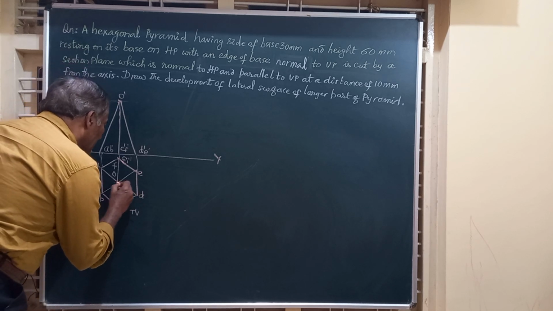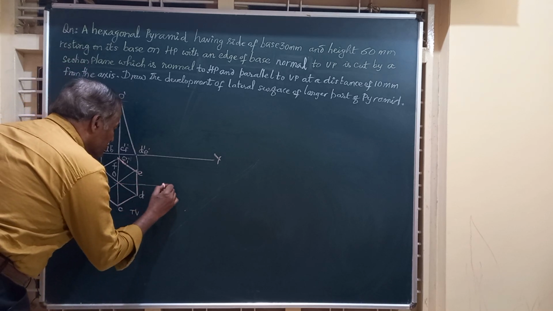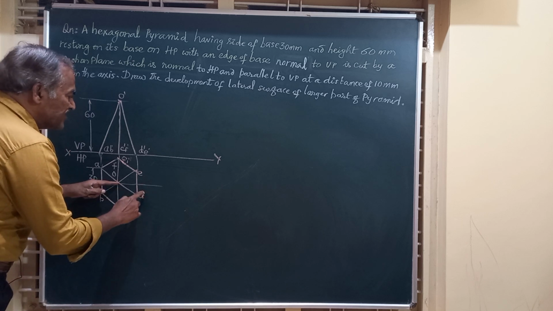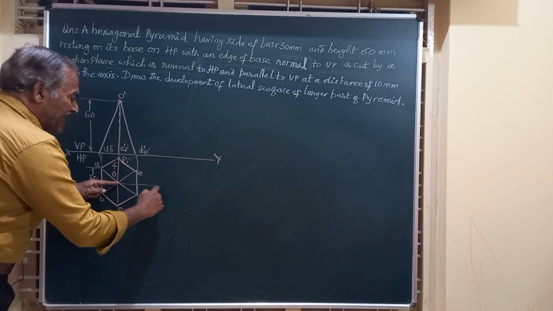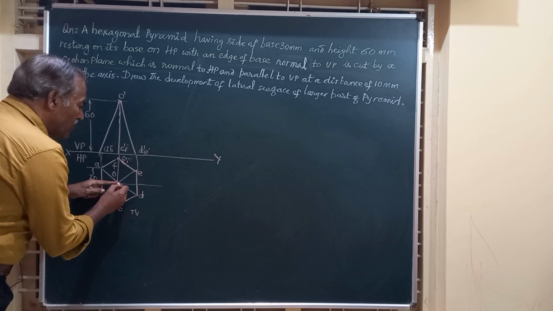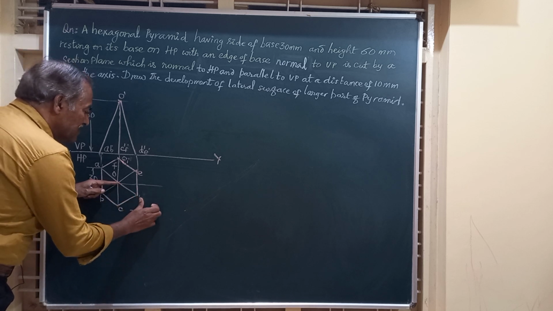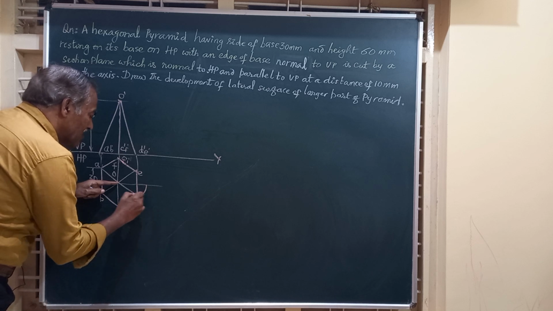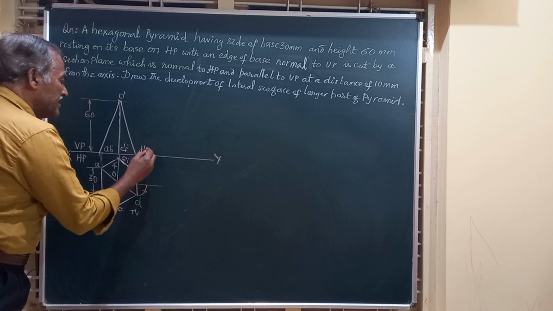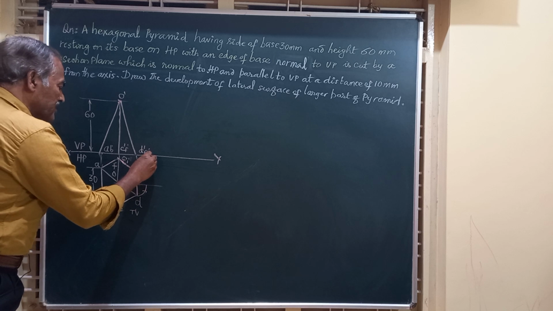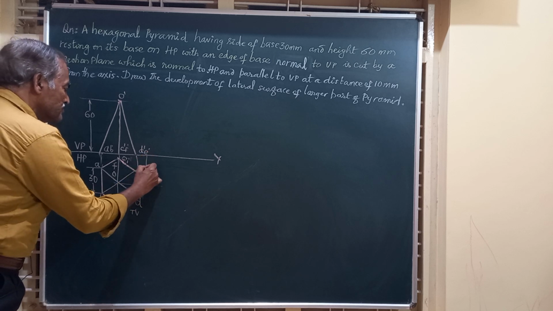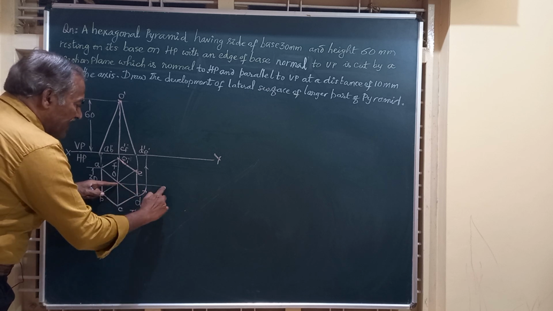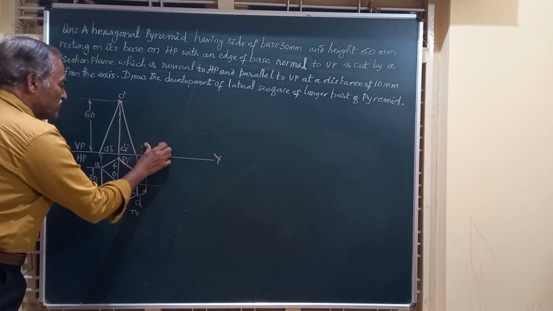I am going to draw a horizontal line through the vertex and make one of these slant edges parallel to VP. So I take O as center, OD as radius, and draw an arc, and produce that arc upwards. By making this horizontal, I am making the slant edge parallel to VP to obtain the true length.